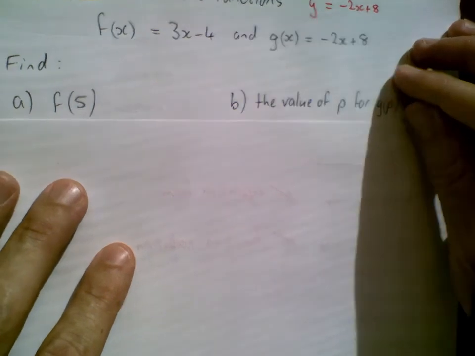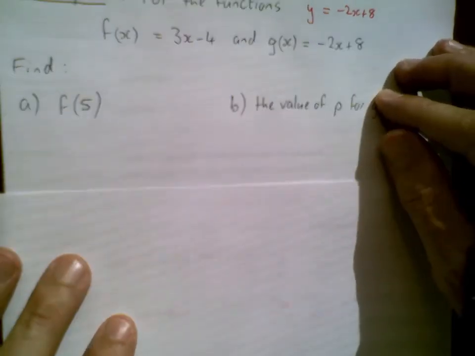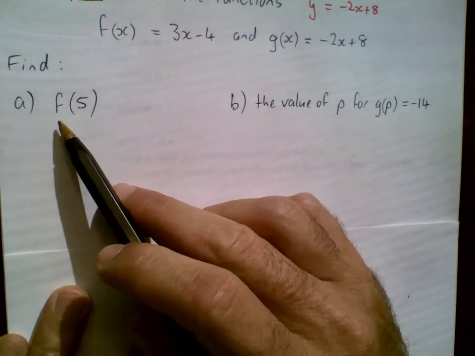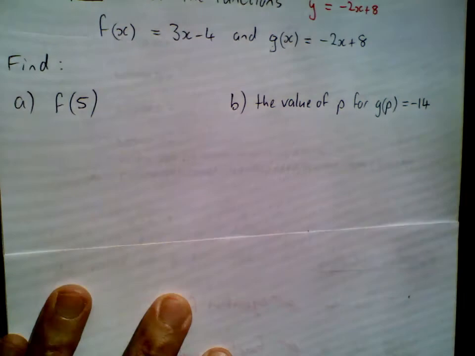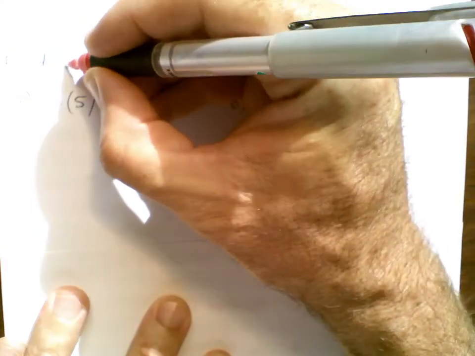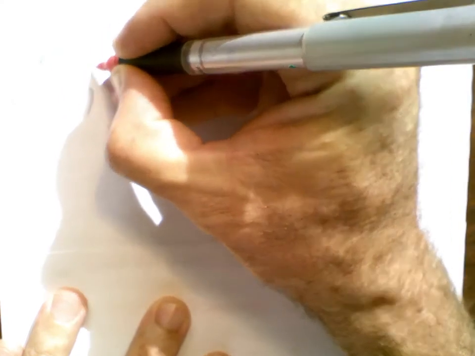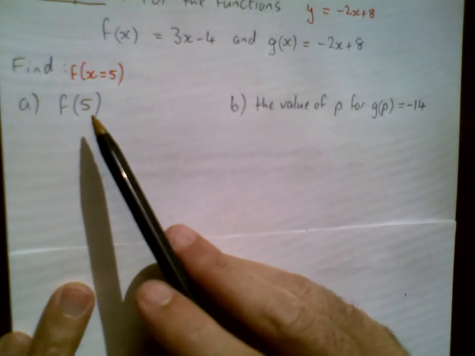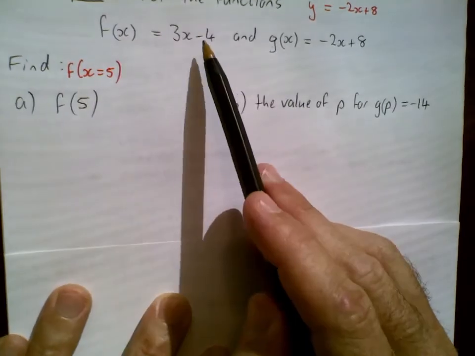First one here, find f of 5, the function when x is equal to 5. When we see this sort of notation, longhand, you could think of that as the function when x is equal to 5. So really what we're after is the value of this function when x is equal to 5.